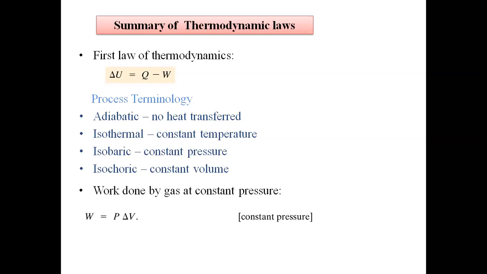Adiabatic process means no heat exchange or no heat transfer. Isothermal means constant temperature. Isobaric is constant pressure. And isochoric or isovolumetric means constant volume. Work done by gas at constant pressure: the work is equal to the pressure multiplied by the change of the volume. This is at constant pressure.